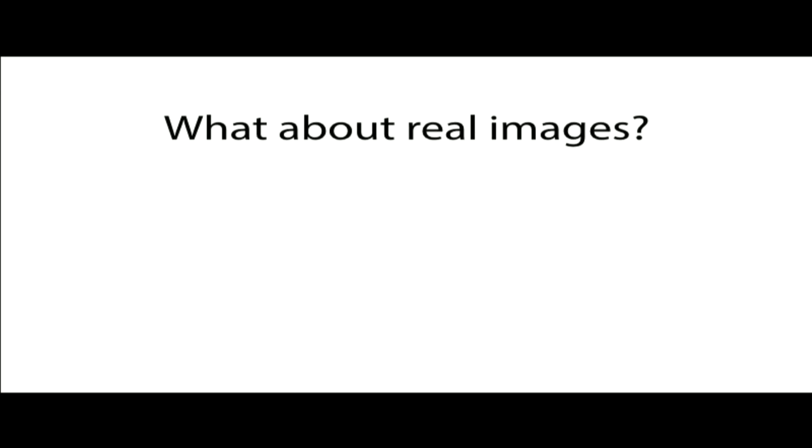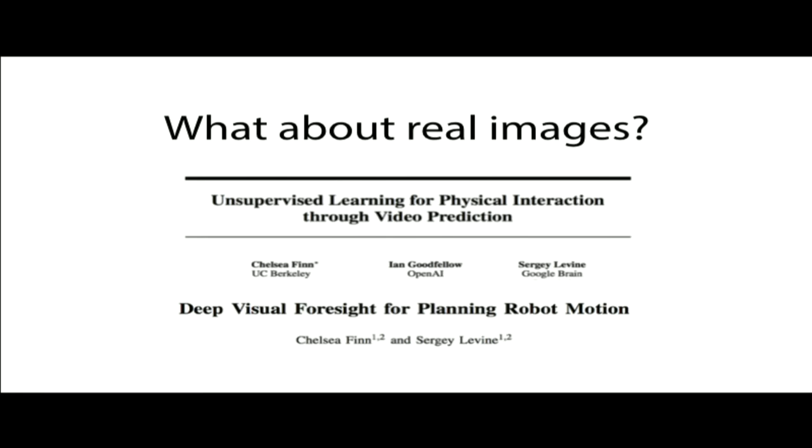Okay, so what about real images? The next thing I'm going to talk about is two papers that do video prediction on images that were taken from a robot and actually used for planning.